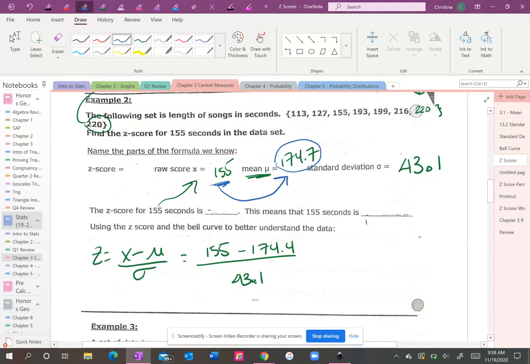So let me do this real quick and we will get the z-score. 155 minus 174.4 over 43.1. So it's negative 0.45. And we are always going to round the z-score to 2 decimal places. That's the very important thing here.